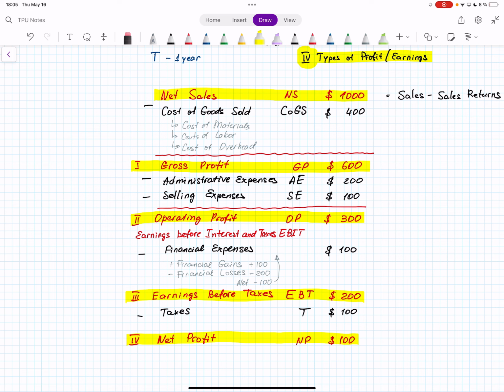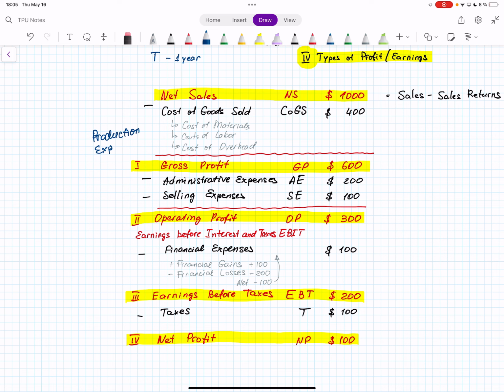Here is something I want, the last thing, and we will round up for today. Cost of goods sold summarizes the production expenses. Administrative expenses and selling expenses, so it's production, it's administration, and selling areas of the company.